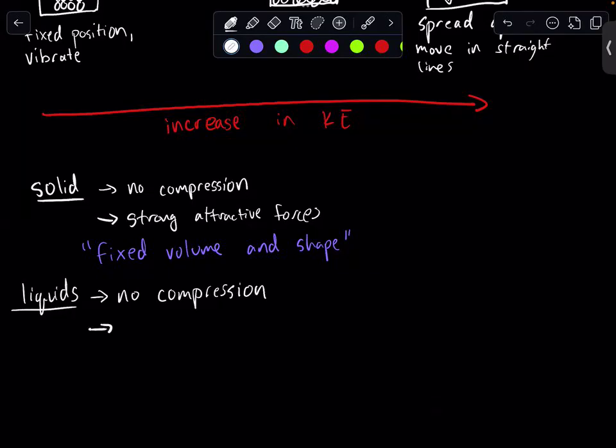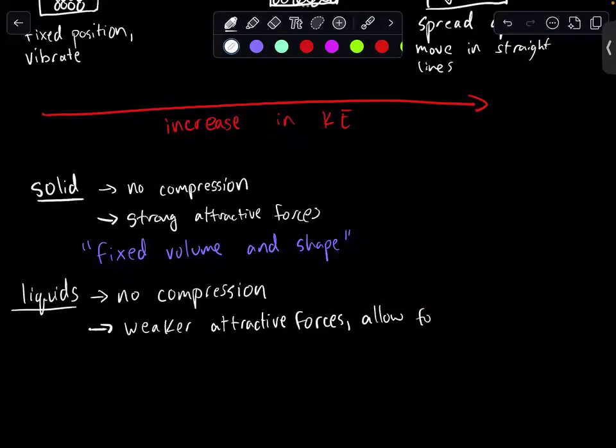They do have some attractive forces, but we say weaker attractive forces. The specific thing about these weaker attractive forces is they allow for particles to flow, which brings up another property that we'll get to much later on called viscosity. Because of those attractive forces, particles can flow past one another.